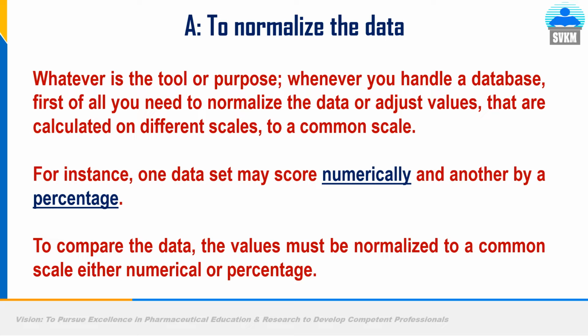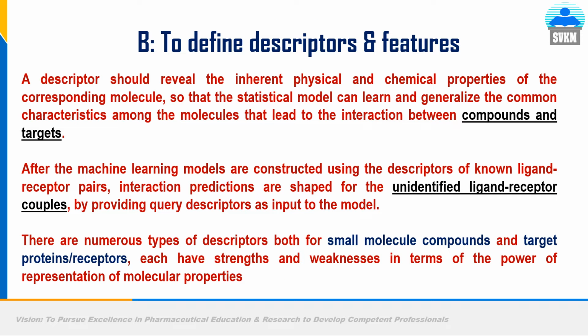So whatever the tool or purpose, whenever you handle a database, first of all you need to normalize the data, or adjust values that are calculated on different scales to a common scale. For example, one data set may score numerically and another by a percentage. To compare the data, the values must be normalized to a common scale, either numerical or percentage.